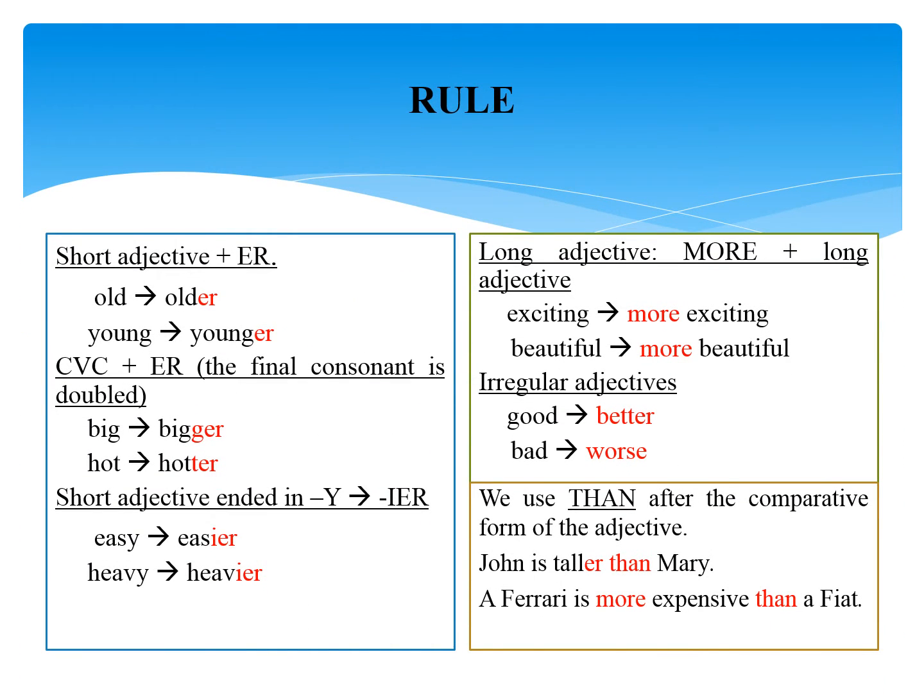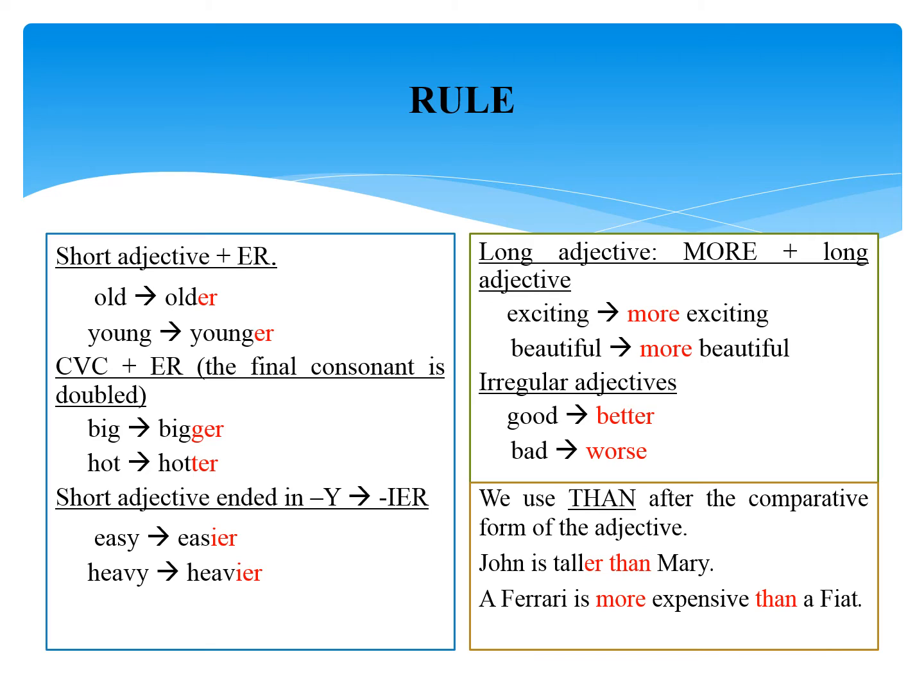The rule for comparative adjectives is as follows. For short adjectives we add er. So for example, you have here old, older, young, younger, short, shorter. All these short adjectives we only add the er.